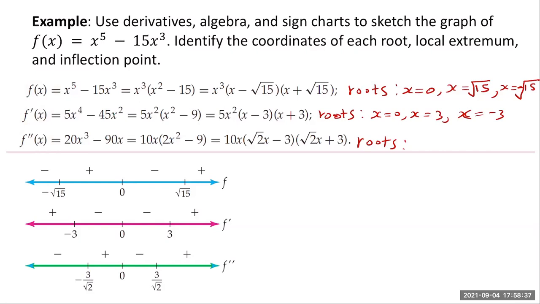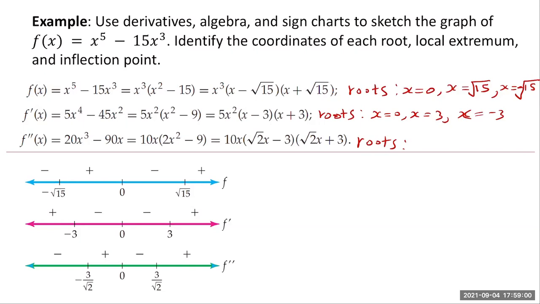So it can change the sign only at its zeros, if it does. So that's why I'm finding zeros, okay? This is where f can change the sign if it does. And this is where f prime can change the sign if it does. And the roots of f double prime will give you the places where f double prime can change the sign.